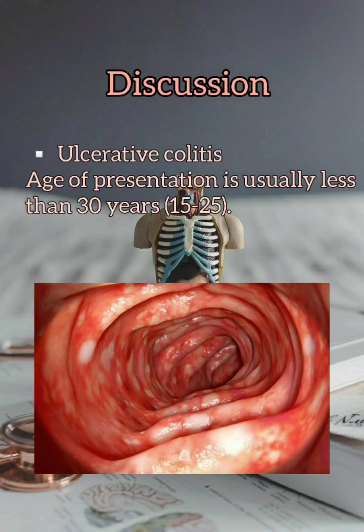So, although the presentation of blood and mucus mixed in with his feces is very common with ulcerative colitis, the age bracket does not sit. It's very unusual for a de novo presentation of ulcerative colitis in this age group. So that's why we rule this out.